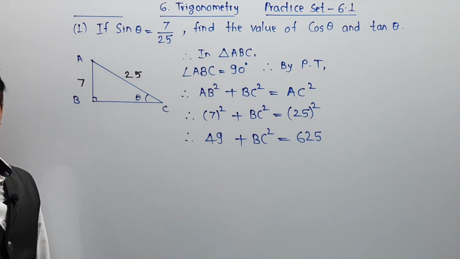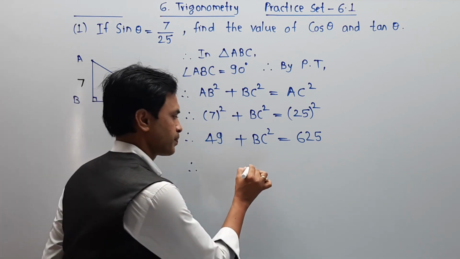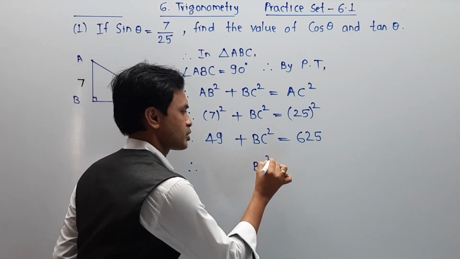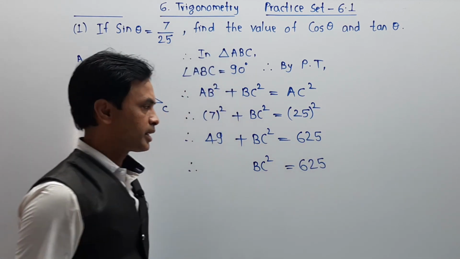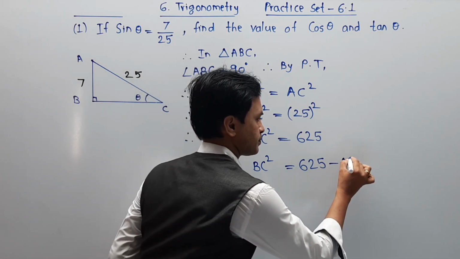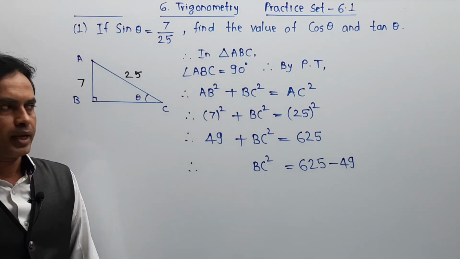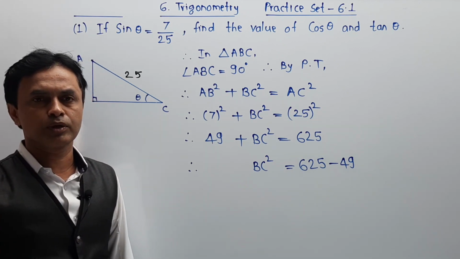Now the next part is shifting this value. BC square is equal to 625, and this plus 49 goes to that side as minus 49, so 625 minus 49.